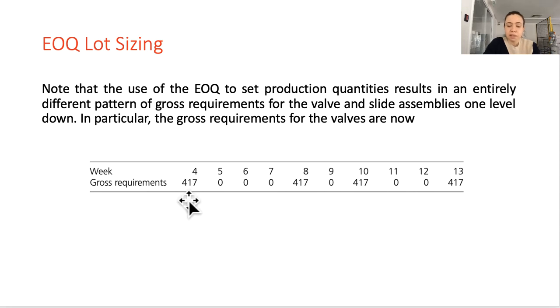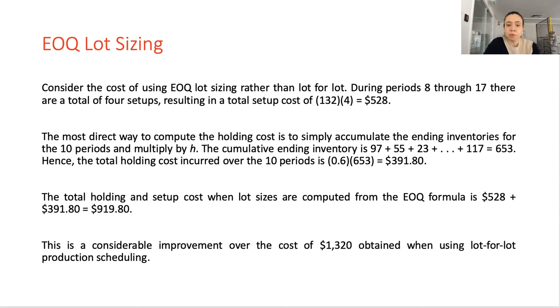And here is the production plan for the valves. But maybe when we calculate the total cost for the valves, there may not be an improvement. Here the improvement is only for the valve casing assemblies.